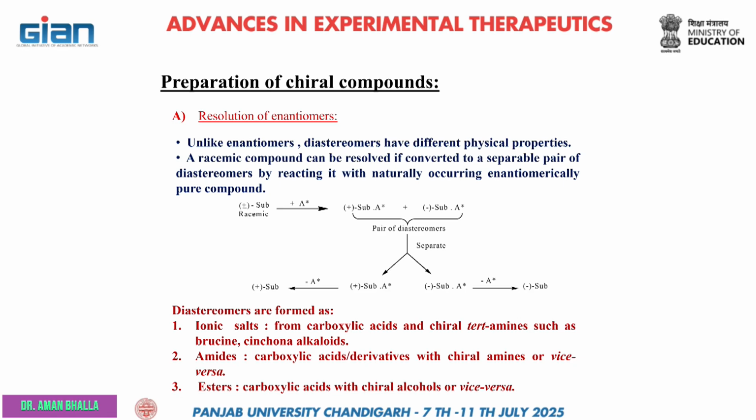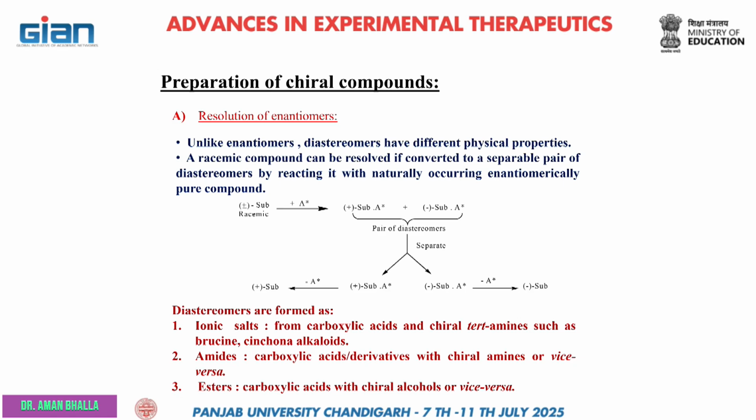My only query is, if your corresponding A star is not available, then how are you going to resolve it? In your substrate you have a positive and negative isomer, you have to resolve it, that means you have to react it with A star. But if the corresponding A star or reagent is not available, how are you going to resolve them? If you have an A star available which can react with your racemic mixture to prepare the diastereomer, then this method is good.